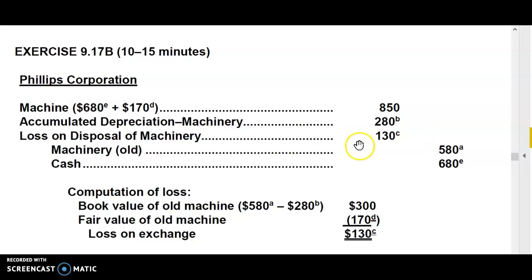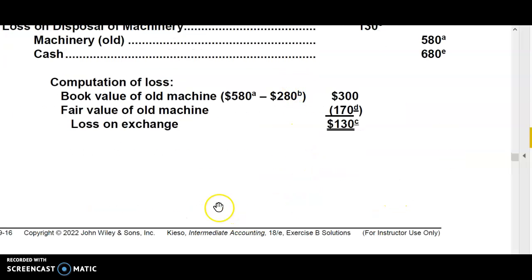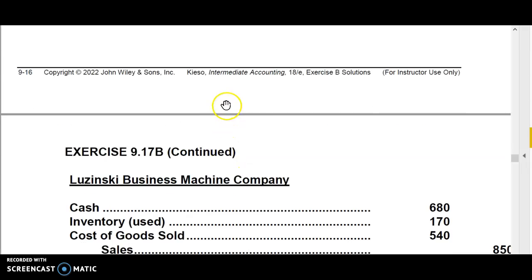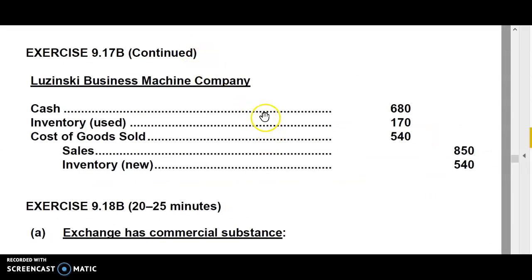So we actually have a loss. And so that's why you put the $130 there. It's a loss on your disposal of machinery. That one was kind of difficult as far as what to use there, but the fair value is what you want to use.